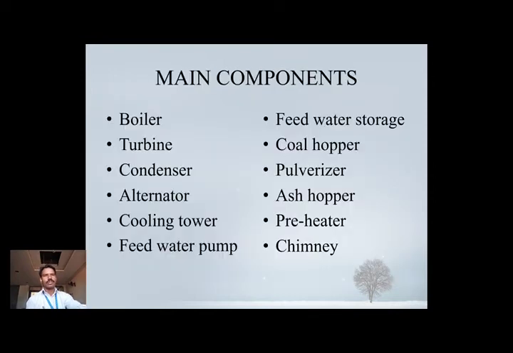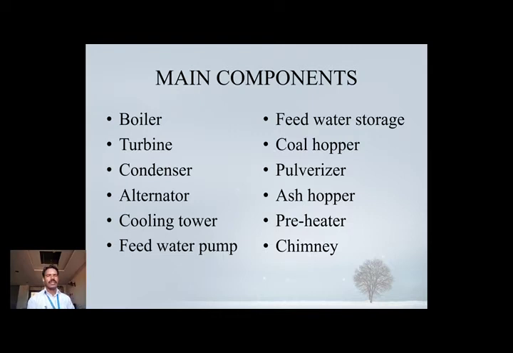Next we go to the main components. Already we discussed the components: boiler, turbine, condenser, alternator, cooling tower, feed water pump, feed water storage, coal hopper, pulverizer, ash hopper, preheater, and chimney. These are all the main components of the thermal power plant.